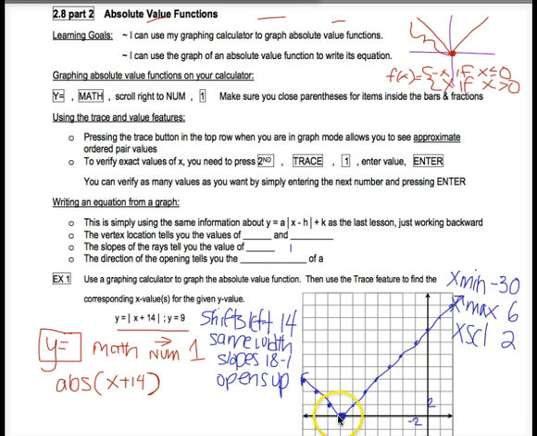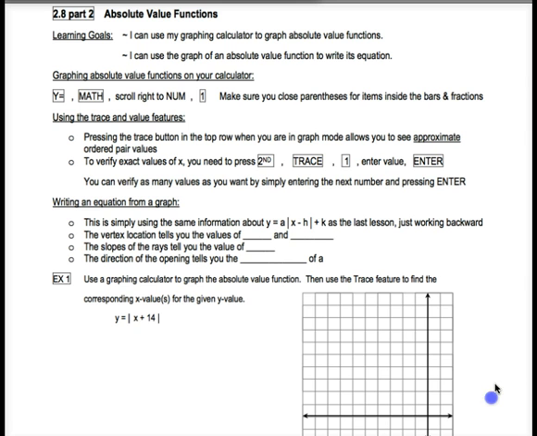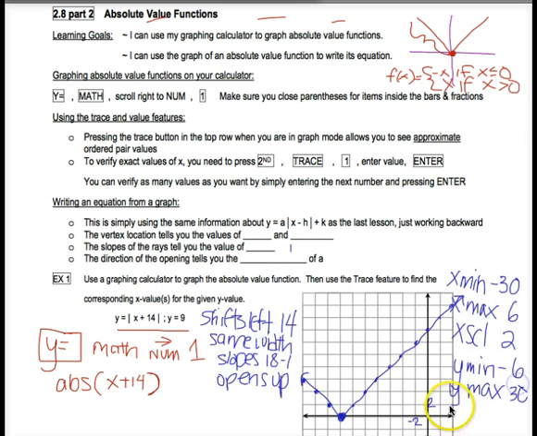Again, because my vertex is on the axis, you don't really need to go much below the axis. I always go a little below what I need. So I made my y min -6, and I made my y max 30. Again, on the y's, I also counted by 2. So this is the window that I used so that you can see the full V on both sides.